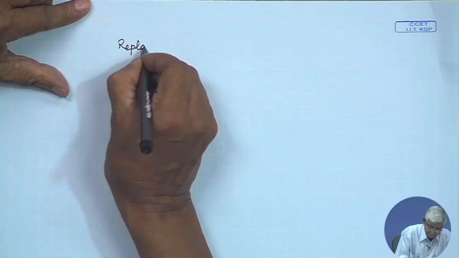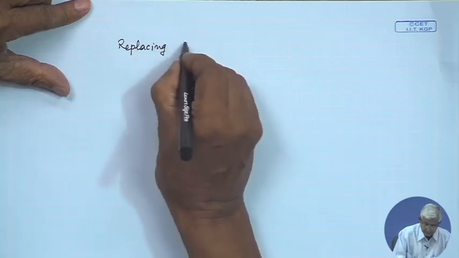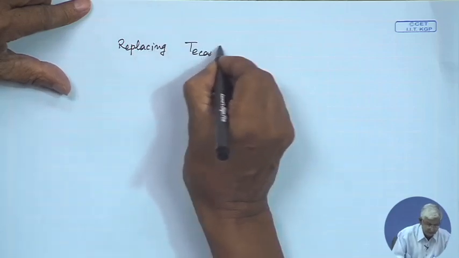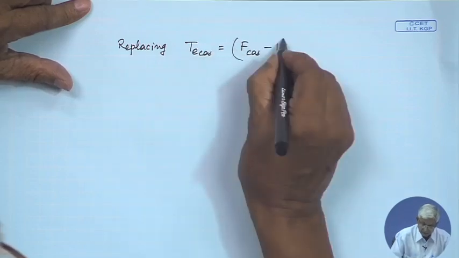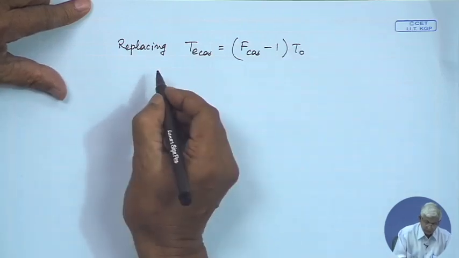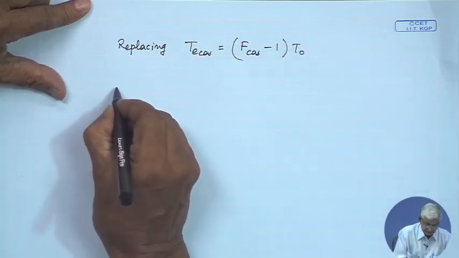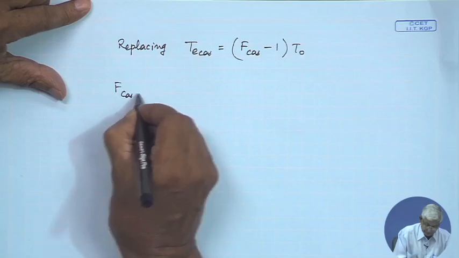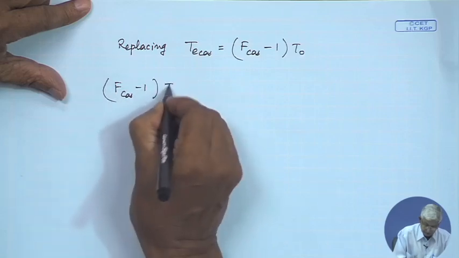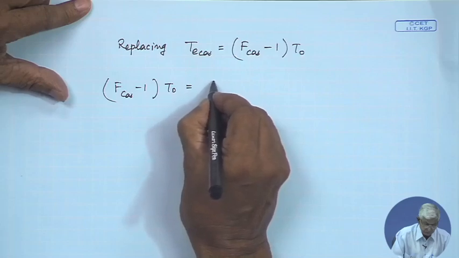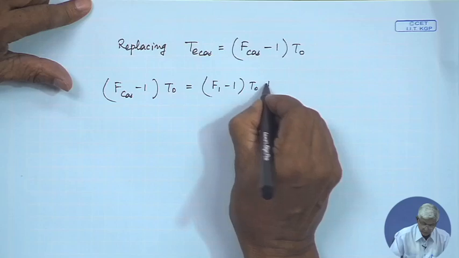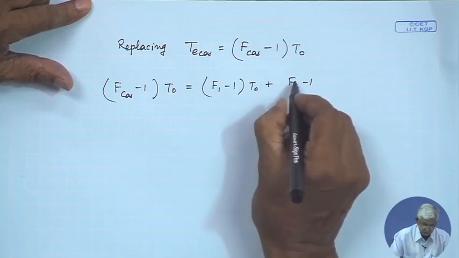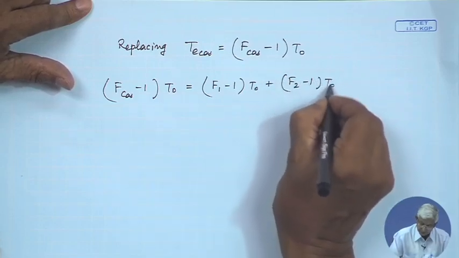So, replacing TE cascaded with F cascaded minus 1 into T0, we will get F cascaded minus 1 into T0 is equal to F1 minus 1 into T0 plus F2 minus 1 into T0 by G1.